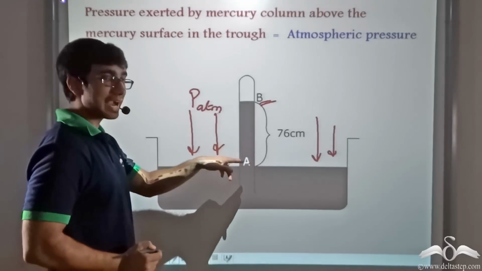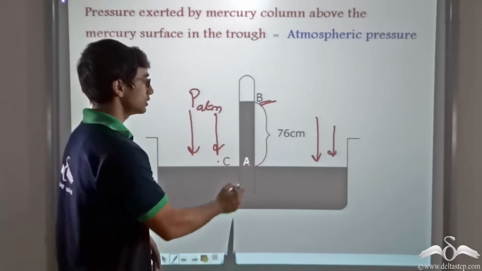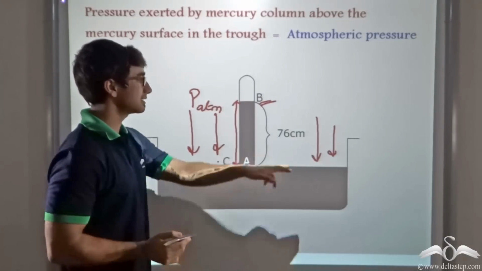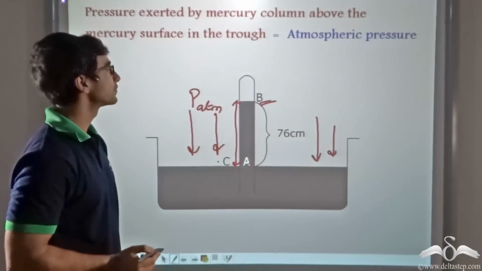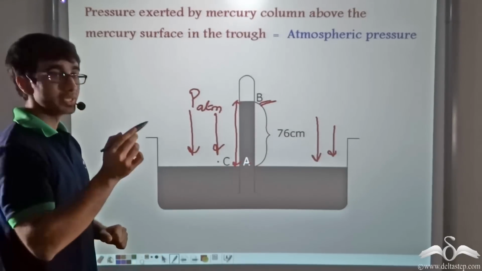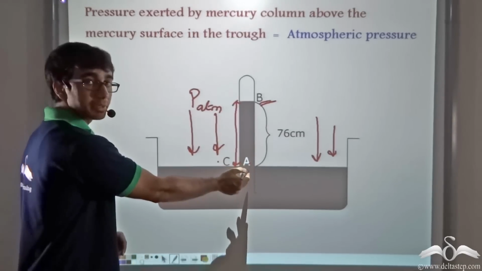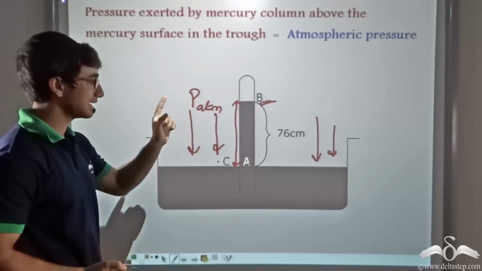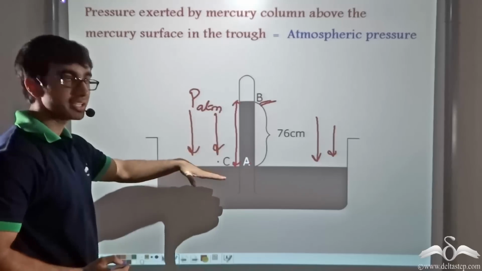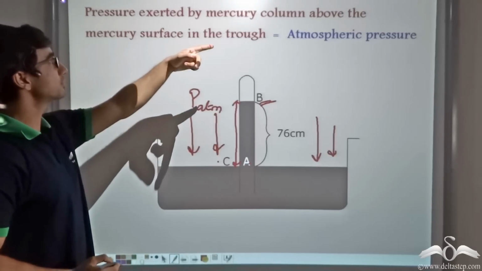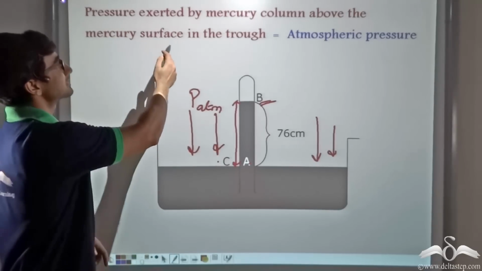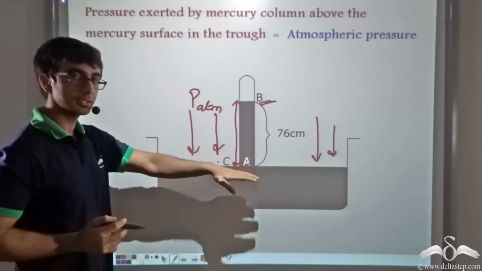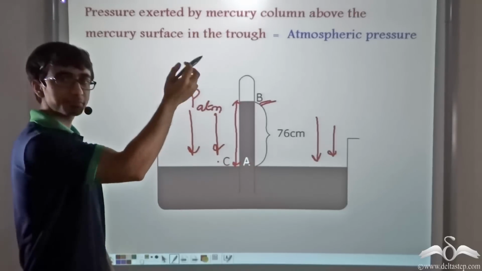Instead, the pressure acting at point A is only due to the mercury column AB, which is 76 centimeters in length. So what can we say? We can say that the pressure exerted by the mercury column will be equal to the atmospheric pressure acting on the surface of mercury in the trough. As you can see from this equation, pressure exerted by the mercury column at this point will be equal to the atmospheric pressure.